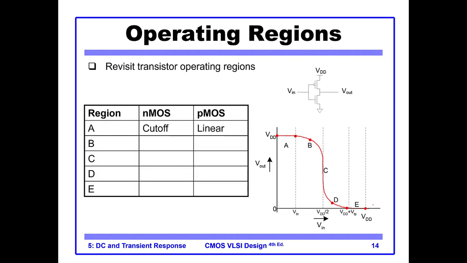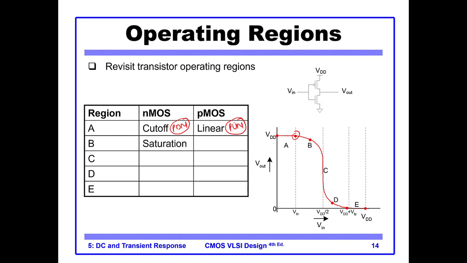Again, if you consider this region, the point A, the output is high, and high means that the pull-up network is active. This is the pull-down network. NMOS is the pull-down network, and this is the pull-up network. So the NMOS is in cutoff and the PMOS is in the linear region, because the input voltage is very near to 0.